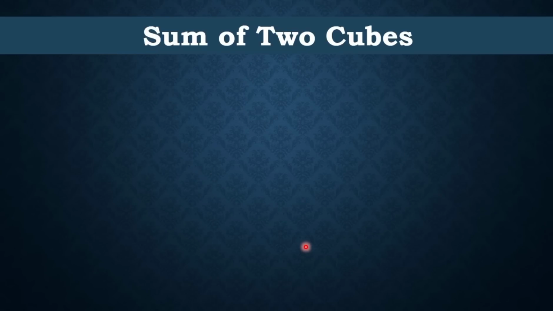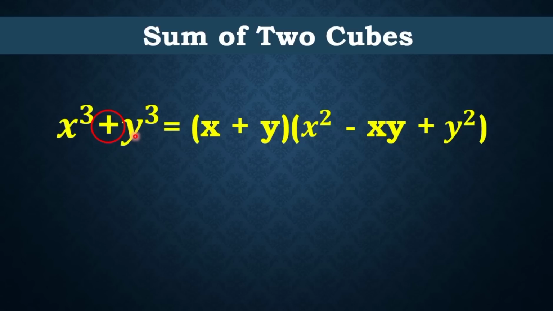Now, how about if you were given sum of two cubes? Okay, paano kung hindi na siya square? Cube na siya. Okay, so paano natin siya gagawin? So, halimbawa, ito, perfect cube siya. So, ito perfect cube din. Okay, susundan lang natin itong pattern na to.